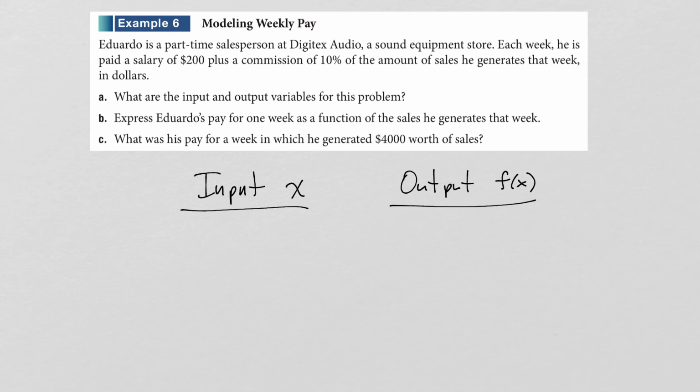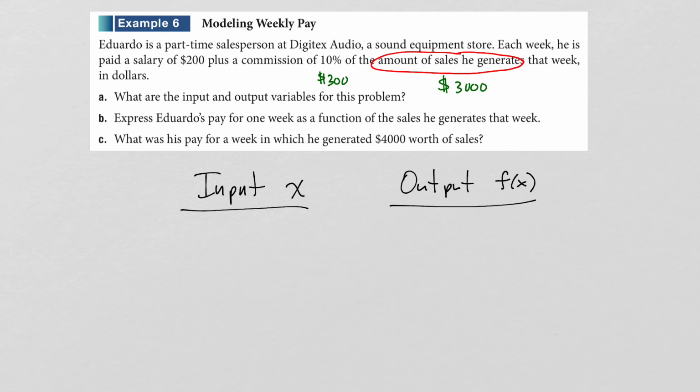Okay, well, what determines Eduardo's salary is the amount of sales that he generates, right? He gets 10% commission on the amount that he sells. So, for example, if he sells $3,000 worth of equipment, his commission is going to be 10% of that, which is going to be $300.